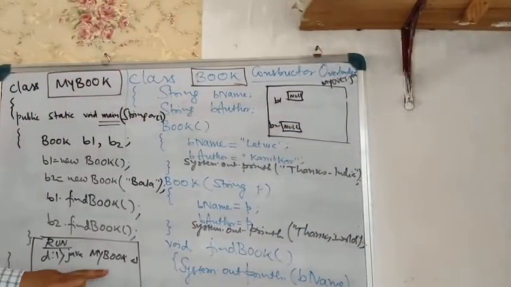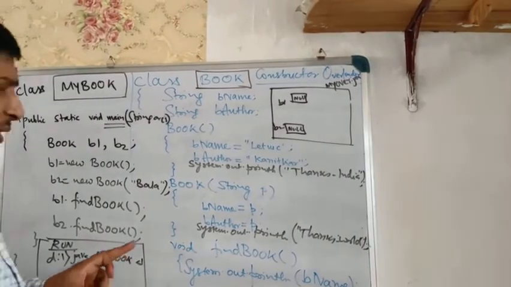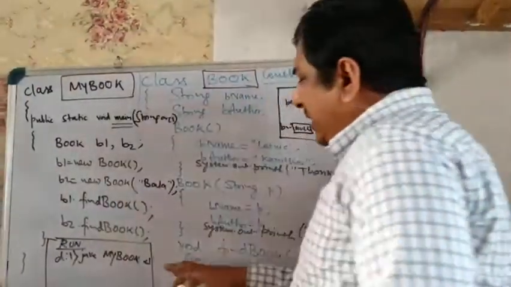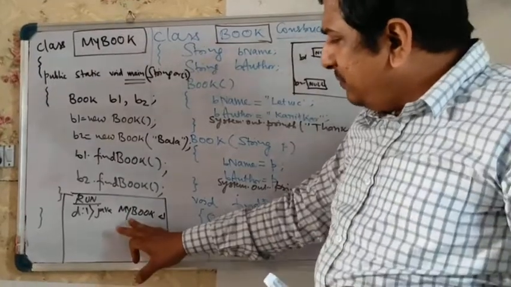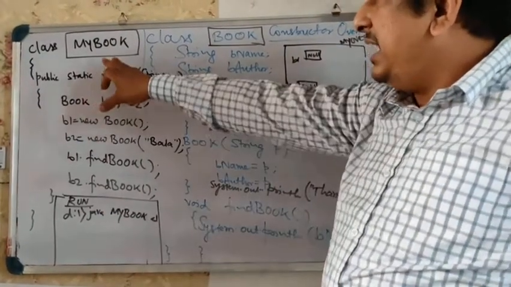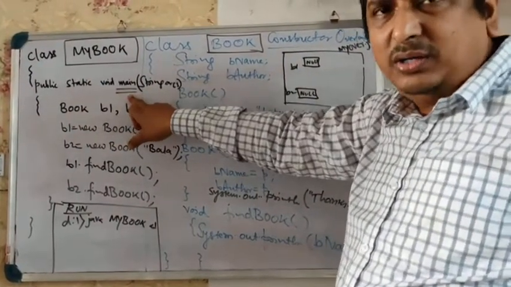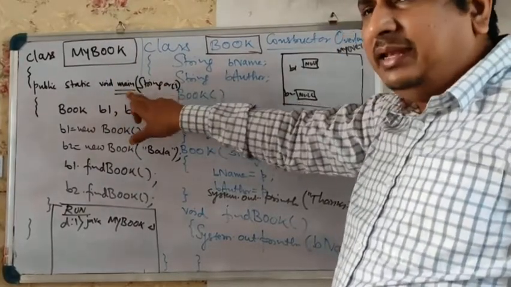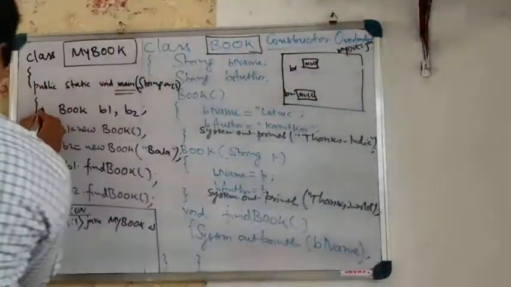Once you run it, it will go directly to the my book class and check whether it contains main or not. As it contains main, it starts executing from the first line.